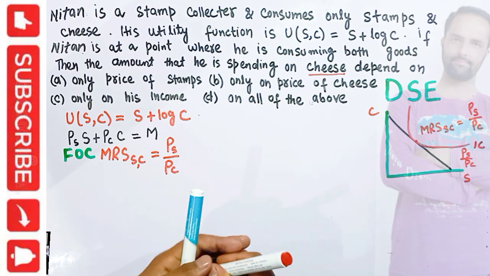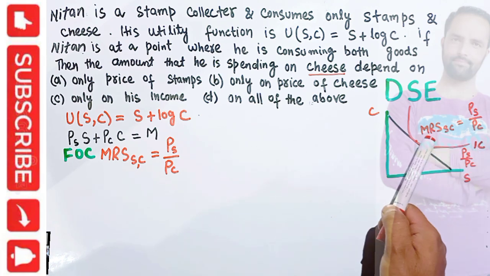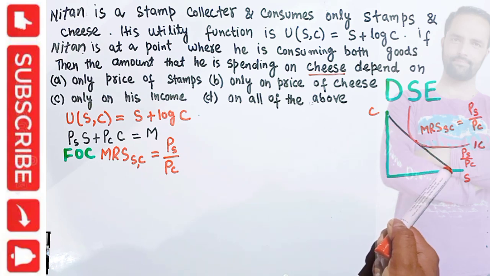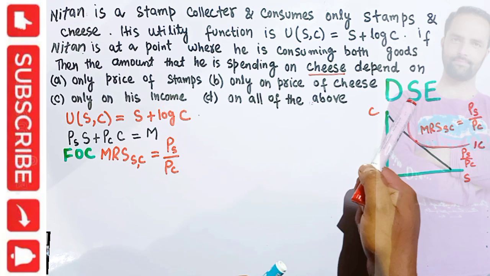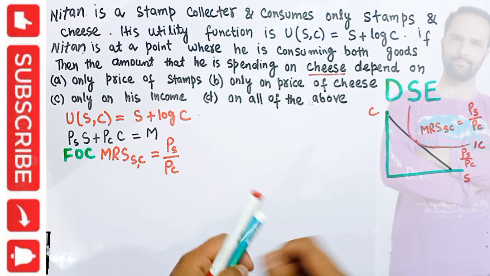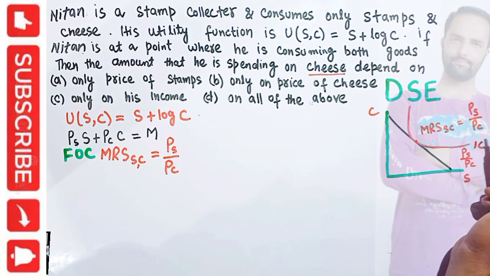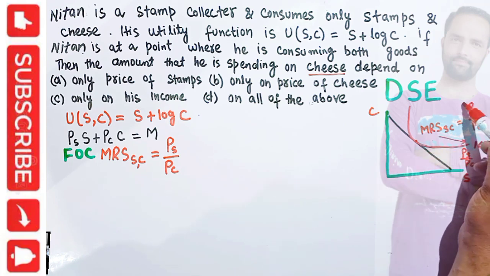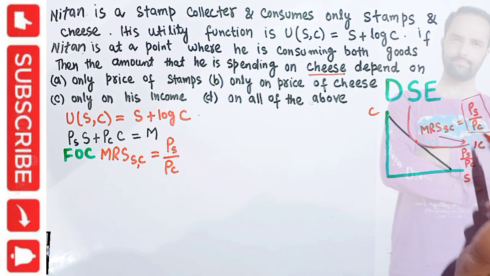Okay, at a point of optimality, the slope of the budget line should be equal to the slope of the indifference curve. The slope of the indifference curve is given by the marginal rate of substitution, and the slope of the budget line is given by the ratio of the prices.